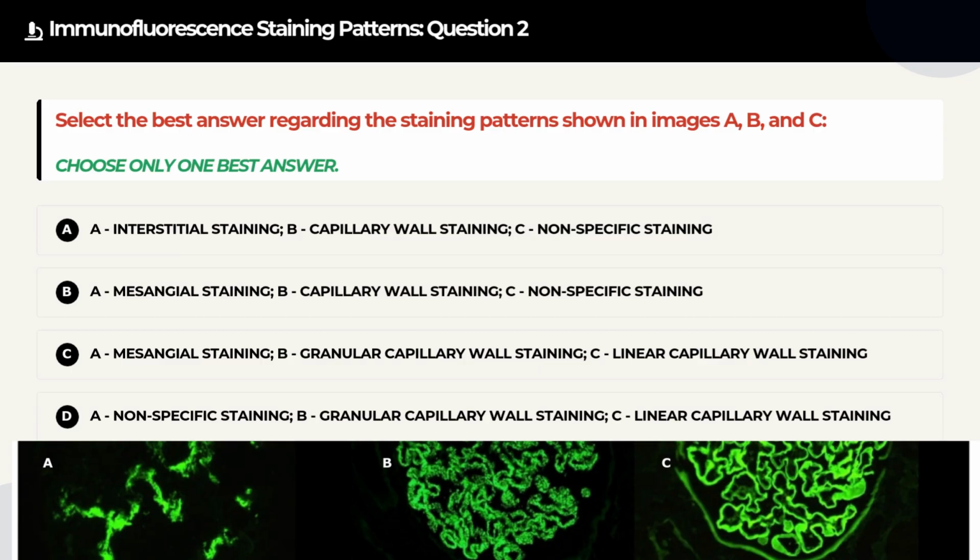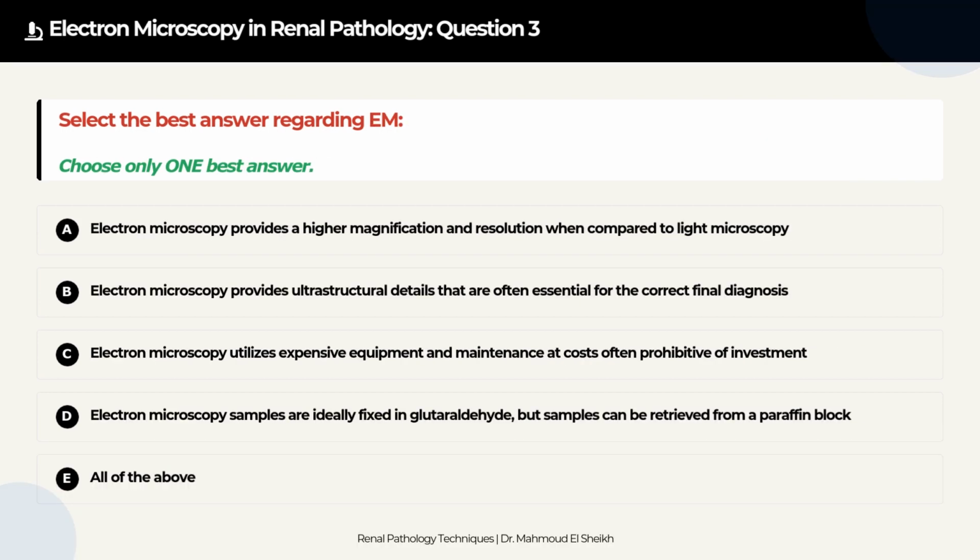Or A, mesangial staining; B, granular capillary wall staining; C, linear capillary wall staining. Or last one, non-specific staining; B, granular capillary wall staining; C, linear capillary wall staining.